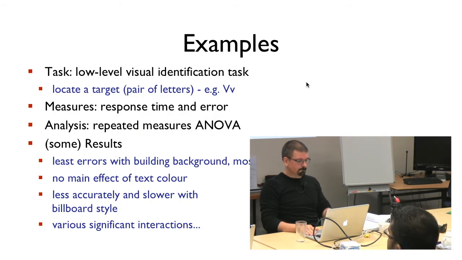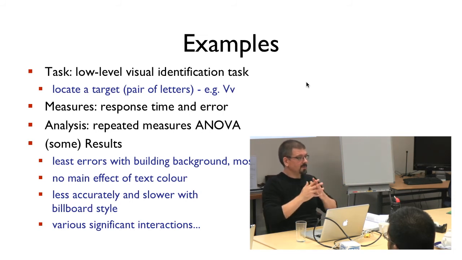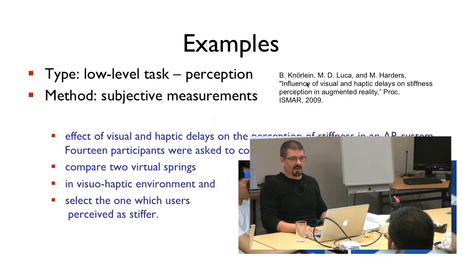They had to identify targets out of those letters, finding where they could see two V's behind each other. They measured response time and error rates, and analyzed the data with analysis of variance. So that would be one of the classic HCI experiments for augmented reality. Objective measurements, with your analysis of variance. That would be one of the classical papers that you find quite often out there.